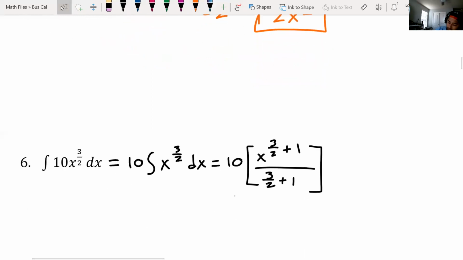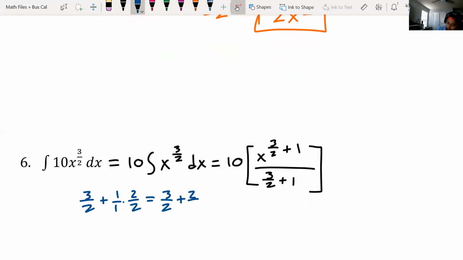Now a little fraction math for you, right? 3/2 plus 1, you put 1 over 1 and get a common denominator of 2. So you'd get 3/2 plus 2/2, so we'd get 5/2.